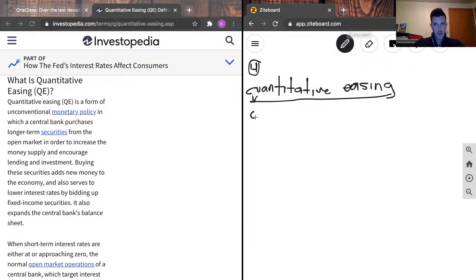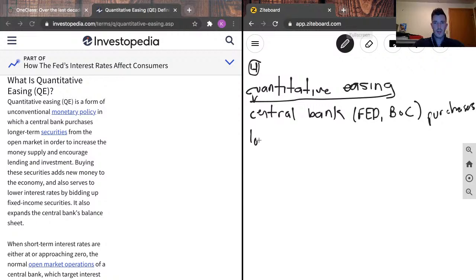So quantitative easing is when a central bank, so the Fed in the United States, or the Bank of Canada in Canada, purchases long-term securities from the open market, aka open market operations, to increase money supply. Fed being Federal Reserve. Open market operations is probably a term you'll hear a lot as well throughout your undergrad.